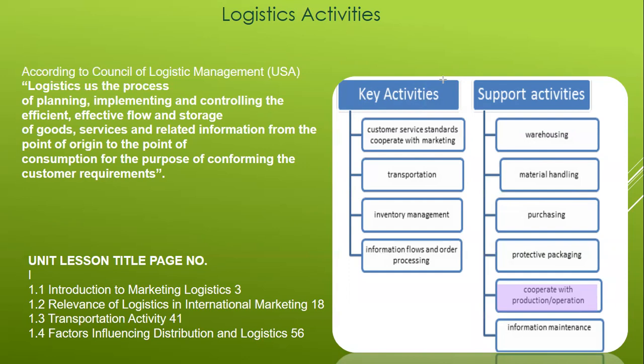Next is information maintenance, which is also very important. Nowadays, automation of software provides information so instantly that when a customer purchases goods, the reduction of inventory at the shop or mall is transferred to the dealers, wholesalers, and the manufacturer companies.